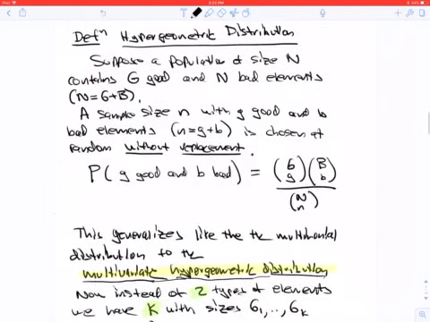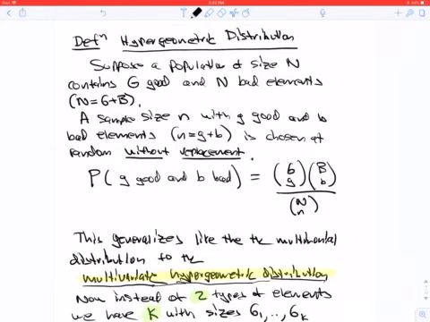So this is the general hypergeometric distribution, where we have a population of size capital N containing capital G good, capital B bad. N is G plus B, and your sample size, little n, has little g good and little b bad elements, so little n is g plus b, chosen at random without replacement.